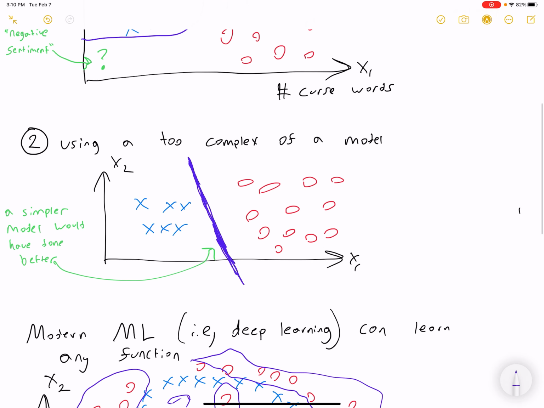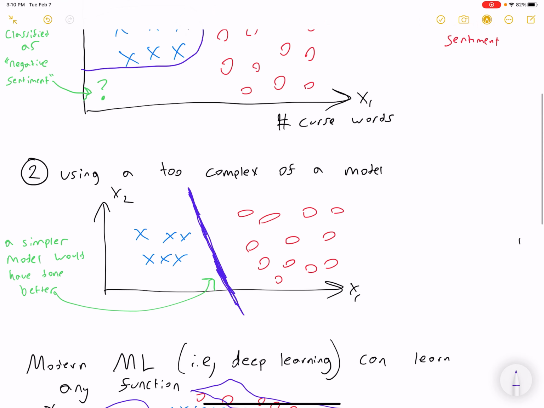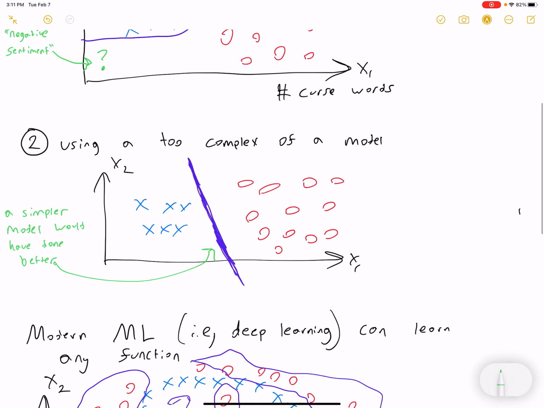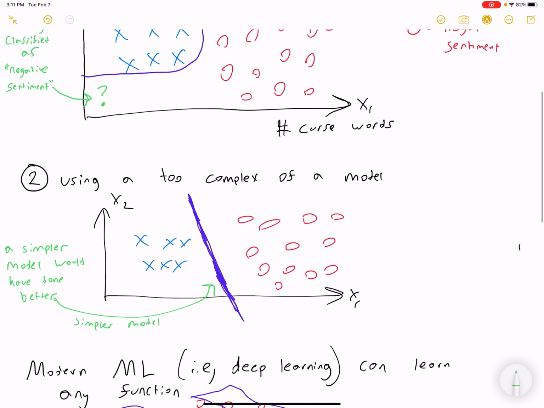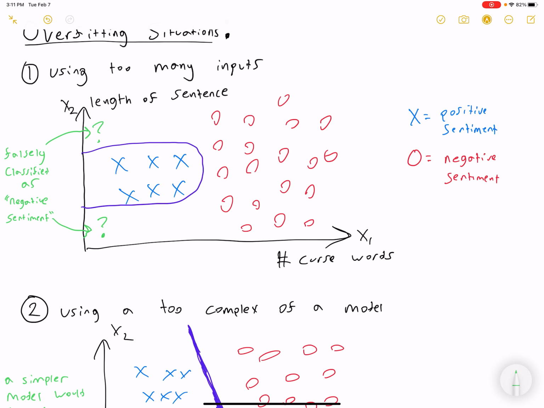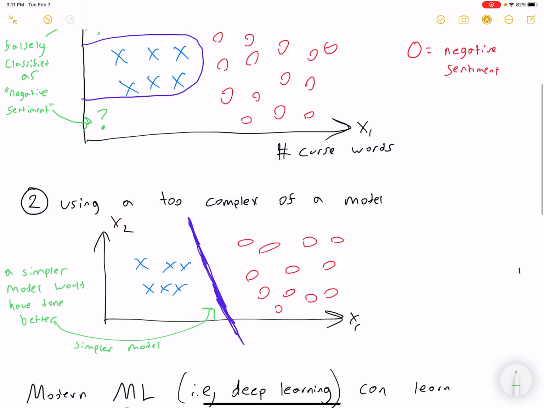Yes? When you say a simpler model, like, for example, in this case, how would you make the model simpler? No, this is a simpler model. I'm pointing to a simpler model. Okay. Oh, okay, sorry. Let me clarify that. This is the simpler model versus this model up above on the same data.